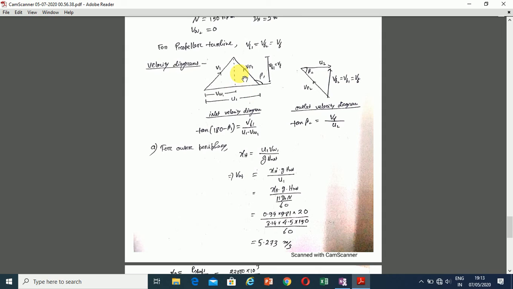Tan of 180 minus beta 1 is equal to perpendicular by base, and perpendicular is Vf1 divided by base, that is U1 minus V omega 1. This is the outlet velocity diagram, and from here we can find beta 2: tan beta 2 is perpendicular by base, that is Vf by U2.